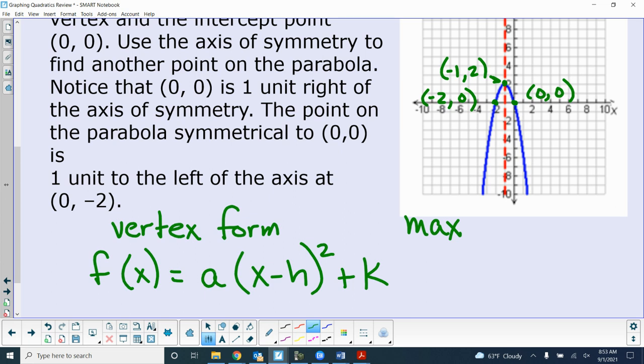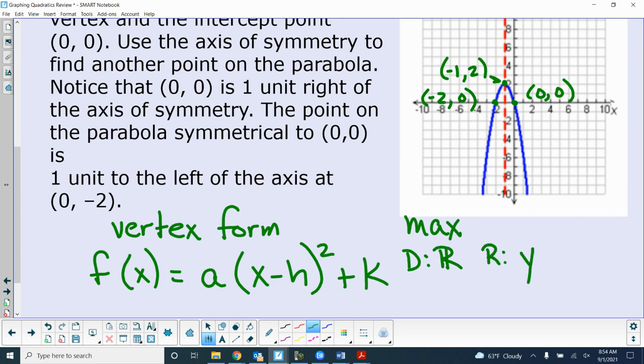All right? So, what's the domain of this? All real numbers, right? That's always the answer for these parabolas. Right, Cindy? The domain is all real numbers. Okay? The range, remember, is my y values.